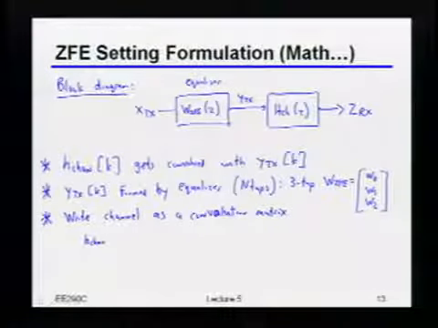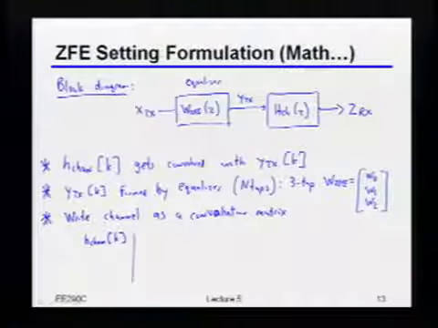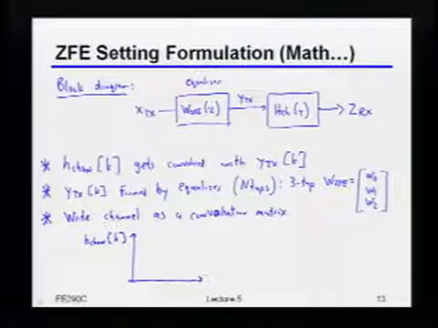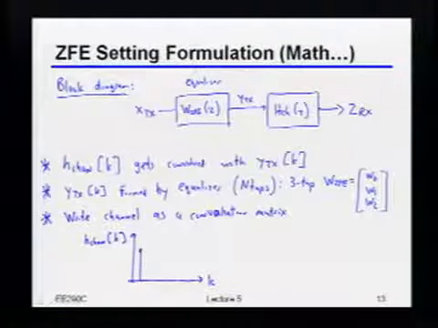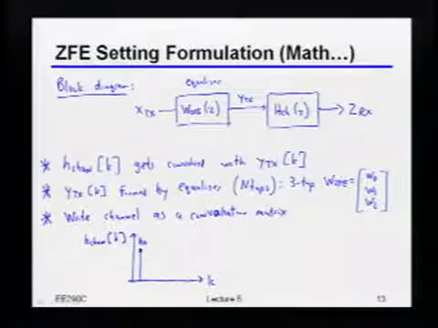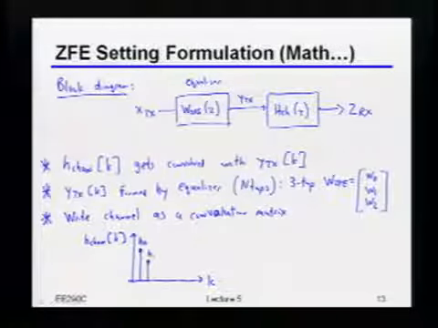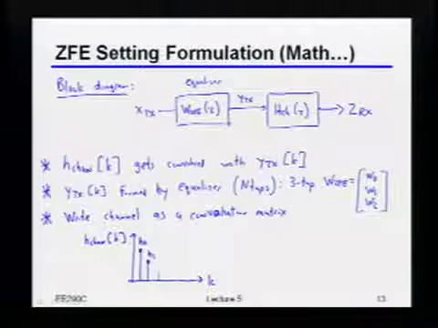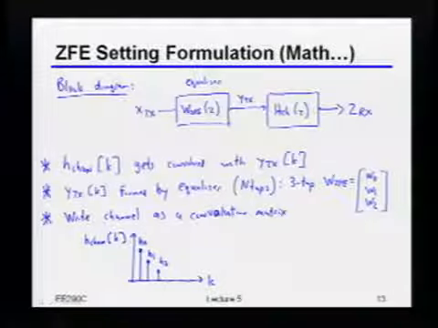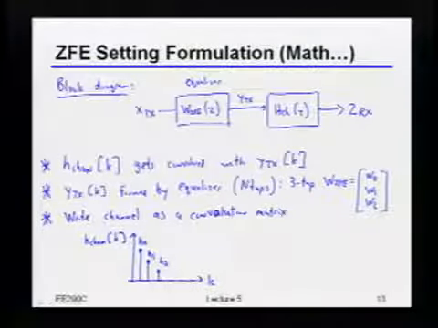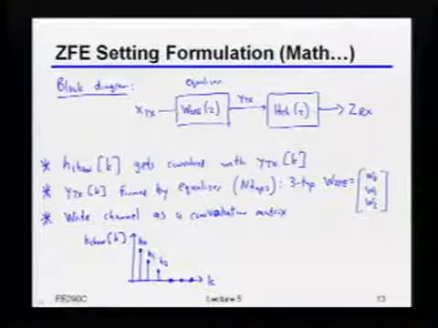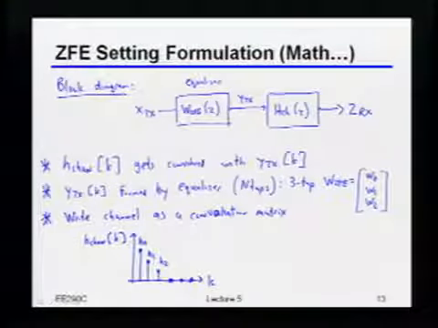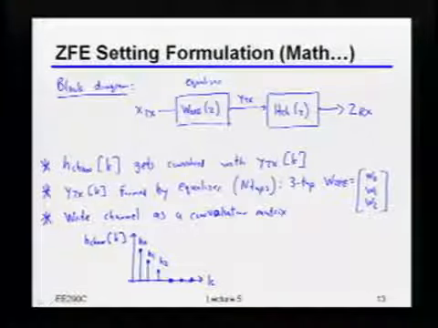If I looked at my channel response in the sampled time domain, you can imagine I'm going to have something that looks sort of like this. Right, so I'm going to have some initial magnitude at the first sample, some other magnitude at the second sample, some other magnitude at the third sample, and so on and so forth. Okay? For this particular example, I'm just going to assume that everything after those 3 is 0, just because I want to use a small example to make my life easy.